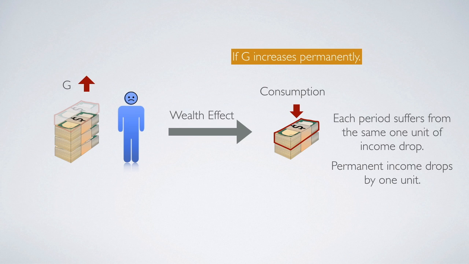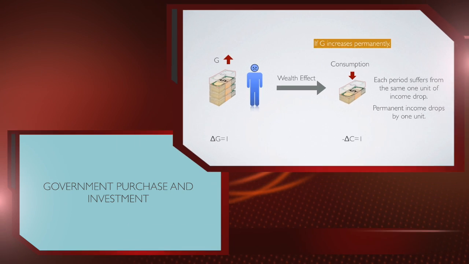So there's no way that consumption smoothing is going to smooth the drop across every period, since every period suffers the same one unit drop. Therefore, consumption would decrease exactly as much as government purchase increases. In this case, we see government purchase increase by 1 unit, and consumption decreases exactly by 1 unit.